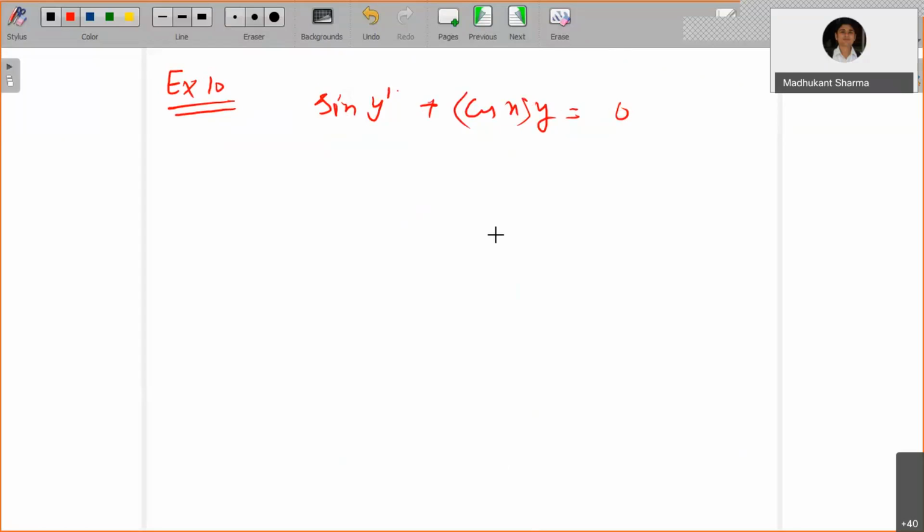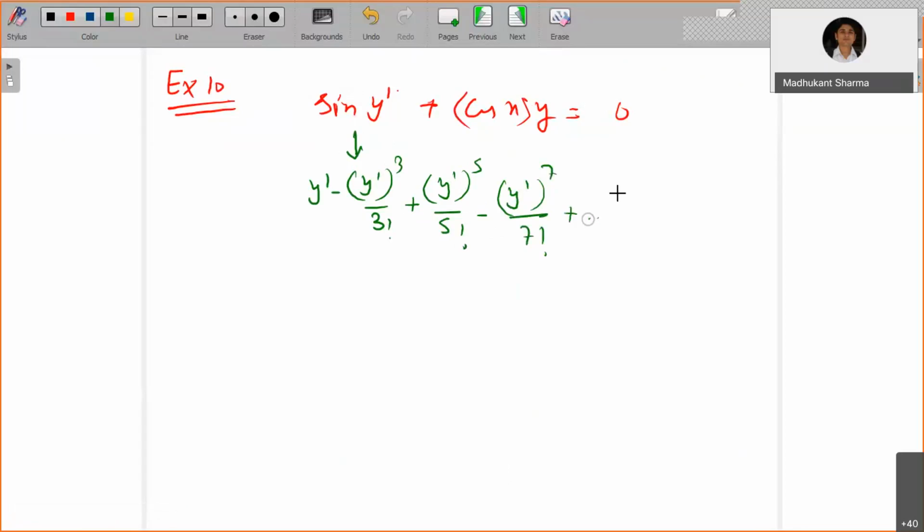Now, if you consider sine y dash, you can write it as an infinite series. That's going to be y dash minus y dash cube by 3 factorial plus y dash to the power 5 by 5 factorial minus y dash to the power 7 by 7 factorial and so on, plus cos x times y equal to 0.